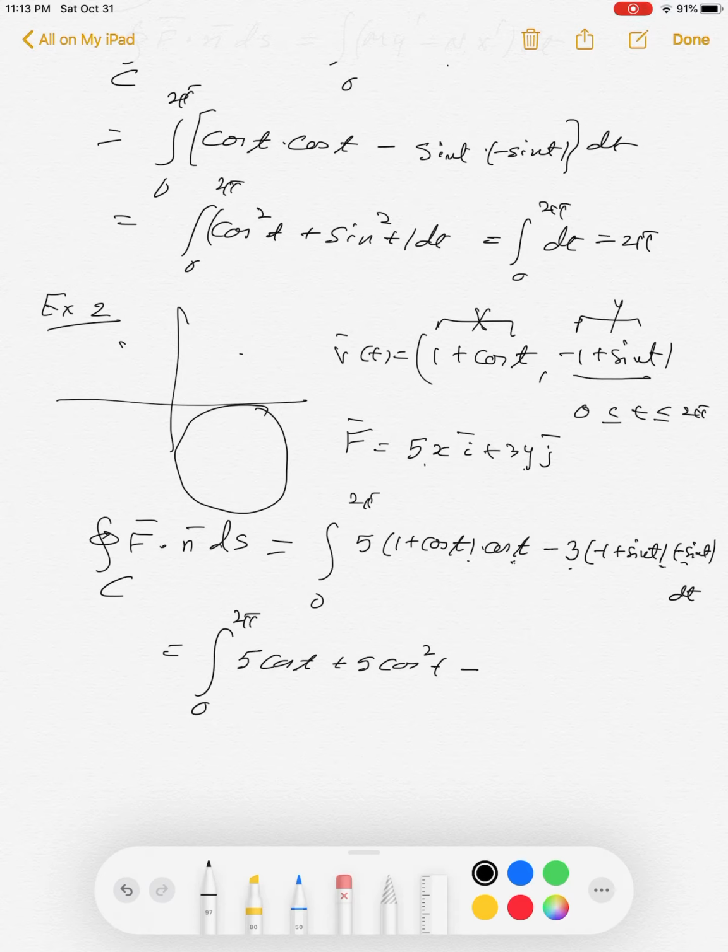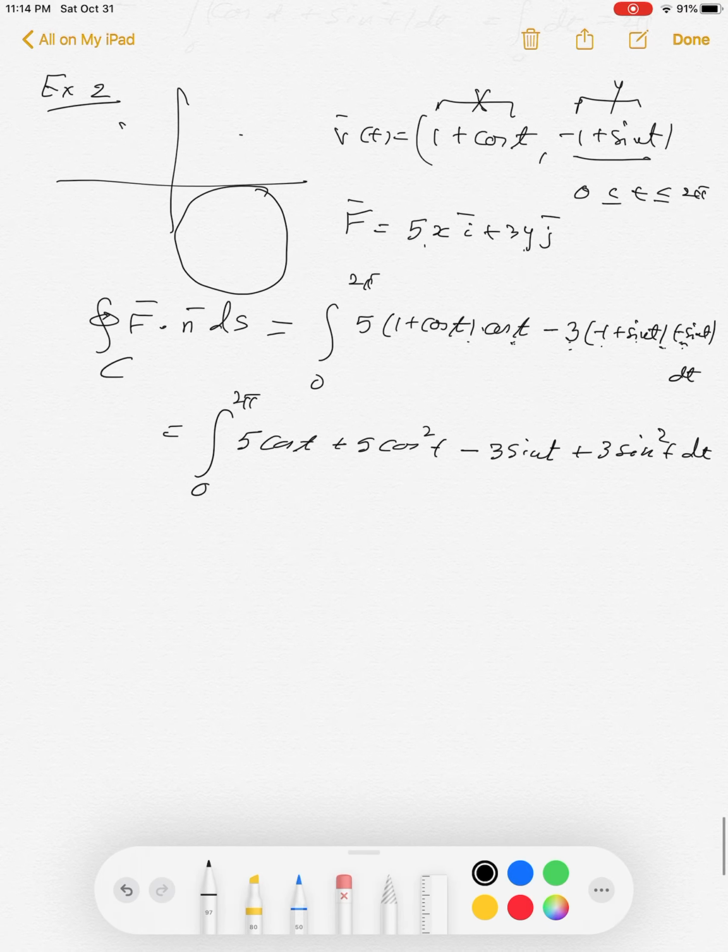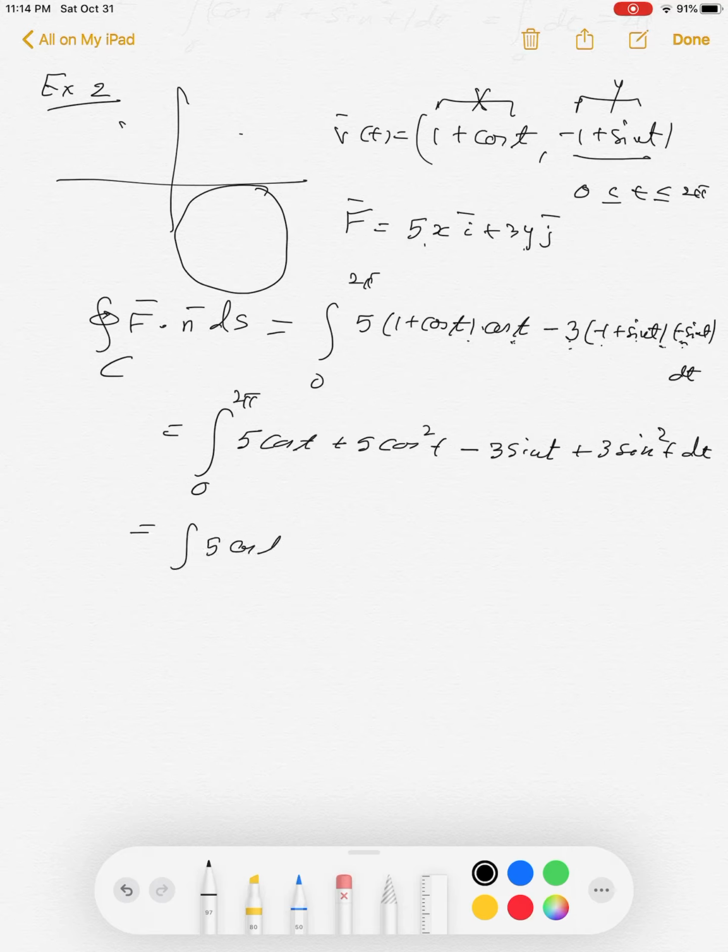It is 5 cos t plus 5 cos square t, and then you will have minus minus plus, plus times minus 1 is minus 3 sin t. Good. And then you will have minus minus times this is plus 3 sin square t.